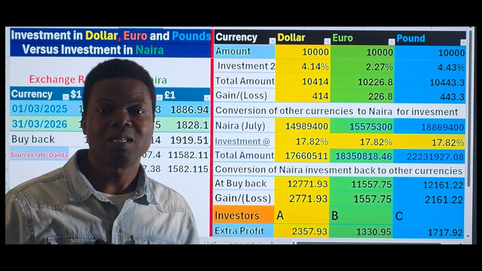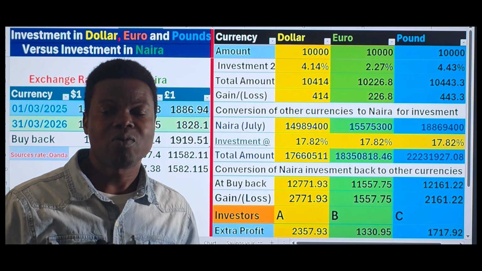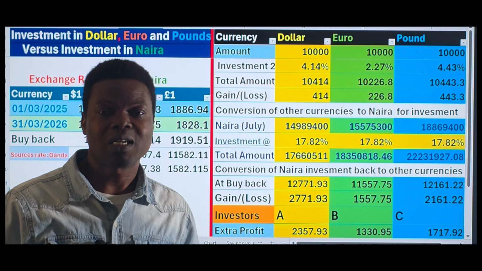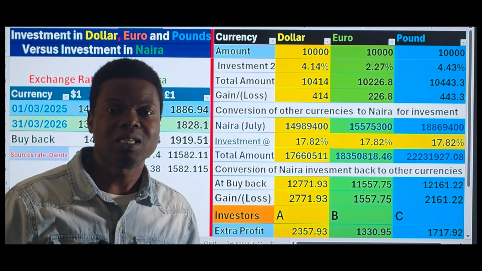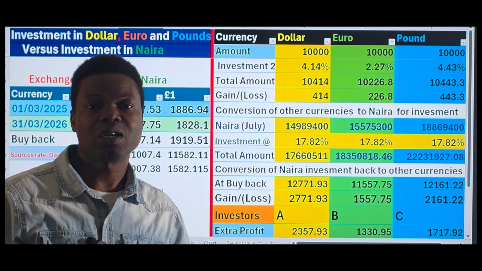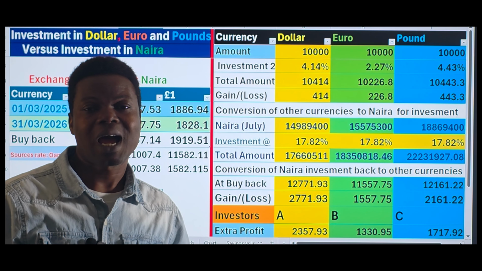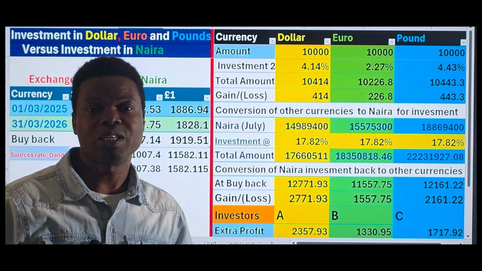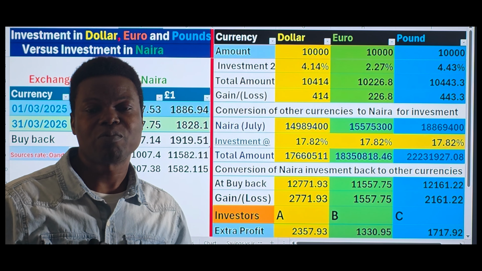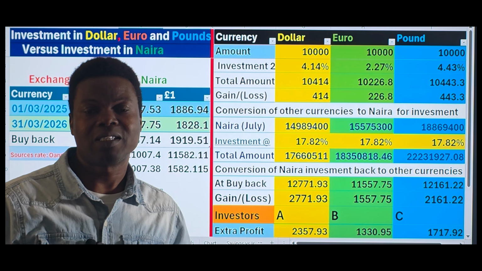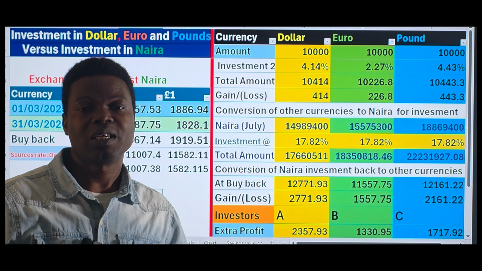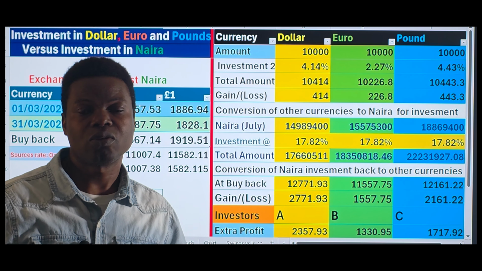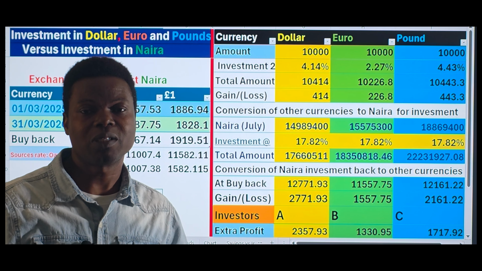Number three is the interest rate that was available in the various countries where this investment was carried out. Number four is the exchange rate of these three currencies to naira as at the date of the investment, and the exchange rate as at the date the investment was finally ended. The last thing we'll be needing is the duration of that investment.